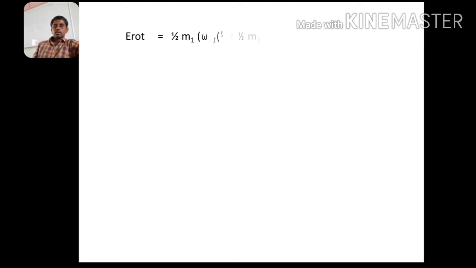Now, E rotational is equal to half m1 omega r1 square plus half m2 omega r2 square. By putting the value of linear velocity, we will get E rotational is equal to half omega square into m1 r1 square plus m2 r2 square.